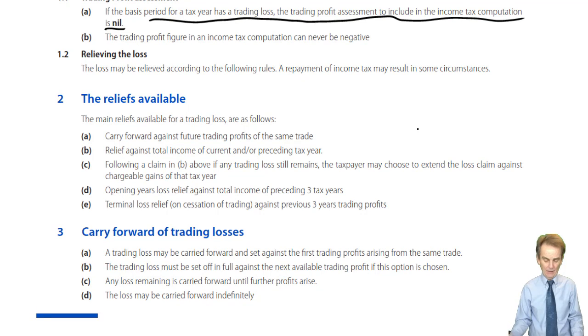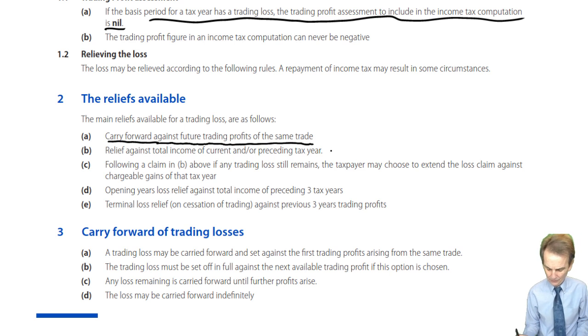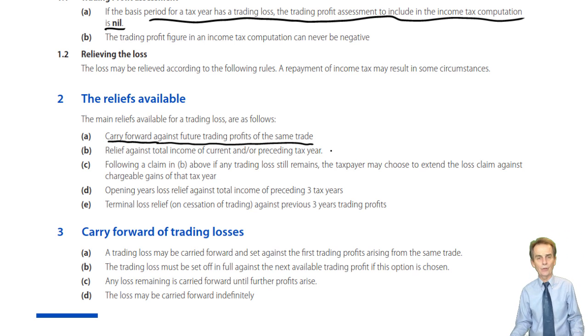Well, the reliefs available. It will come as no surprise, given what we've just been talking about and what we've just seen on the income tax computation, that one option is to carry forward against, as I said, future trading profits of the same trade. Now, once a loss is carried forward, you cease to have any choice in the matter.